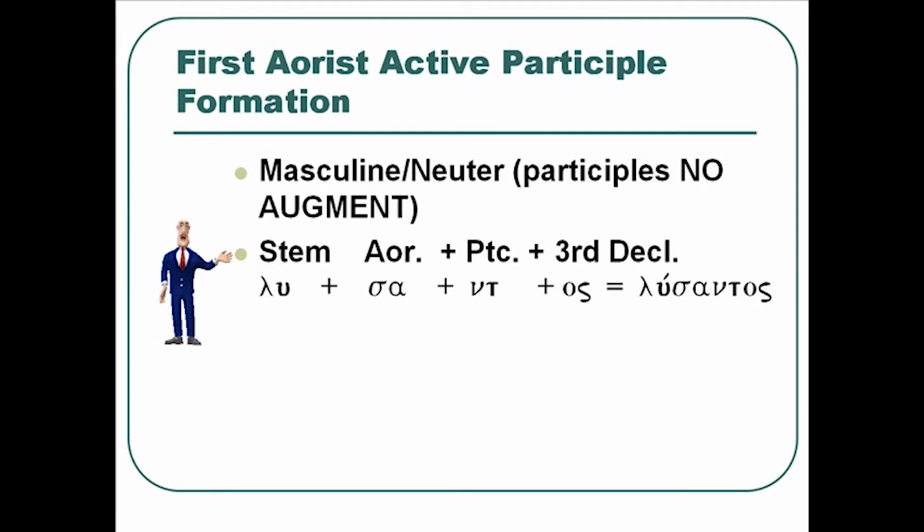And then you've got the participle nu tau insert, and then the third declension endings. So you've got lusantos, the genitive singular. So you say, this looks pretty easy. The endings are pretty similar. It's just you've got to remember to put the sa in there. And so they are fairly easily formed.